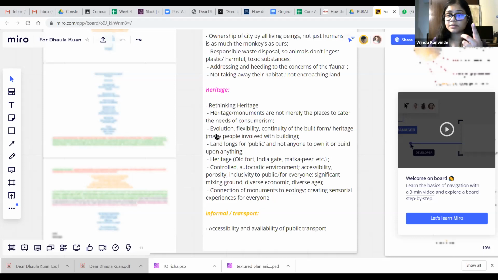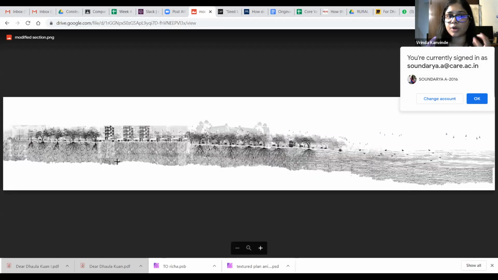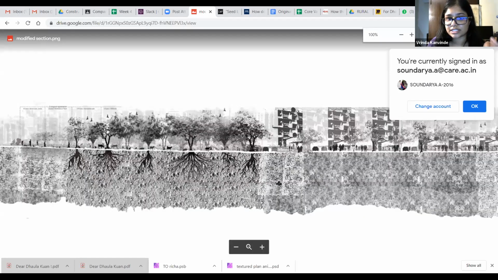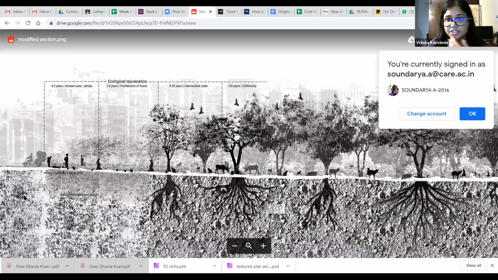No, that was actually prompted by a discussion with Chaya sir, where he told us that rather than arbitrarily planting things in certain places, we should use the seeds that are already embedded in the ground and dormant at the moment, that have been there for like 500 years. And he said the way to activate them is to mulch it. So that's where the idea of mulching came from.